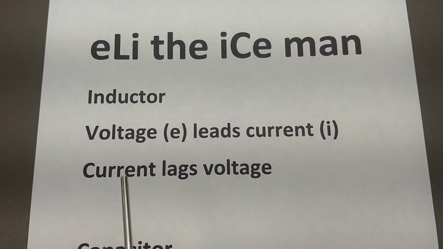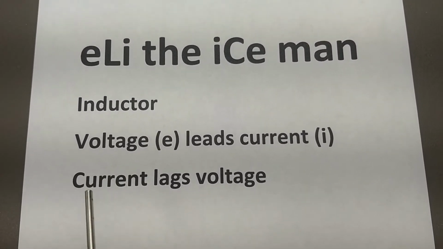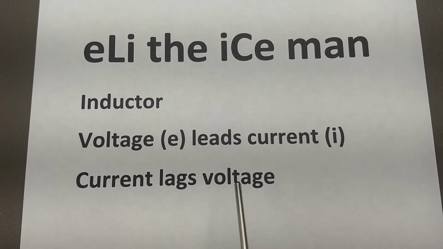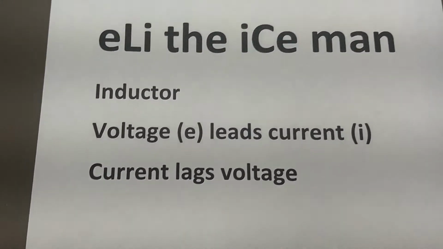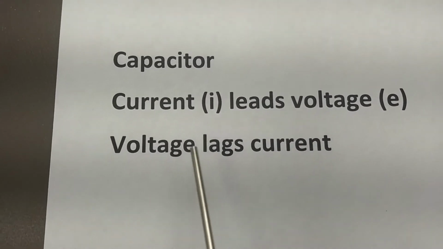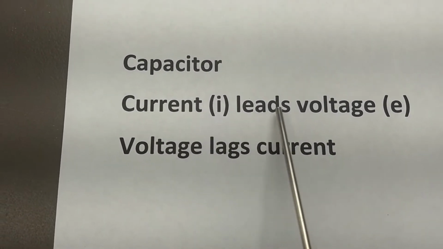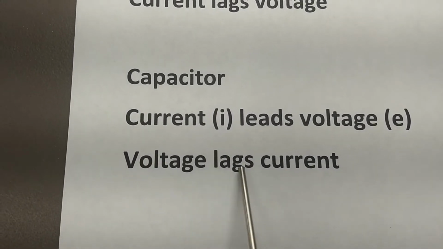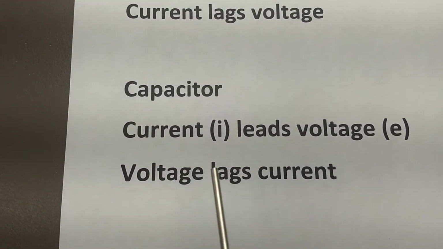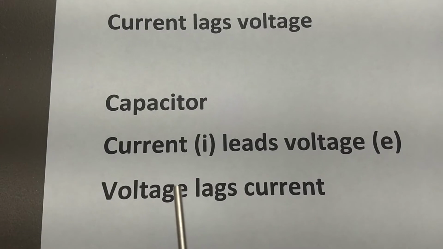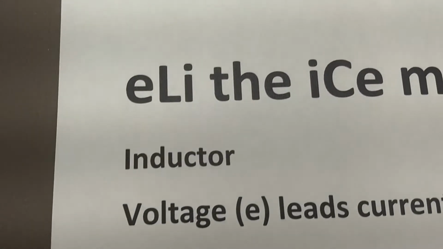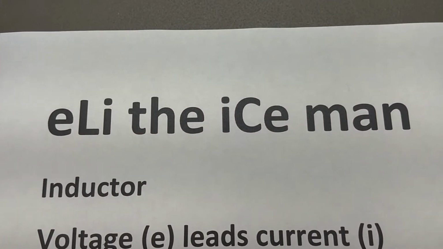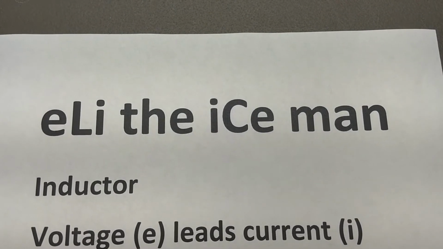And it's also equivalent to say current lags voltage. So now in a capacitor, current leads voltage, which means voltage lags current. So to help you remember this, just remember Eli the Iceman.